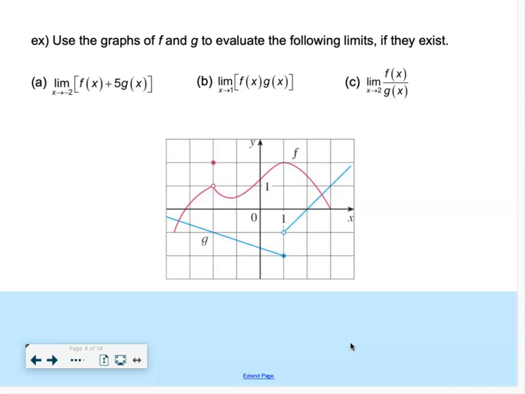Or wouldn't it be 1 minus 1.5 times negative 1?